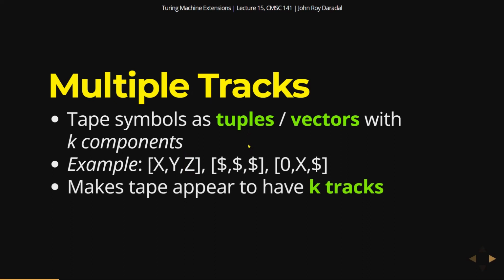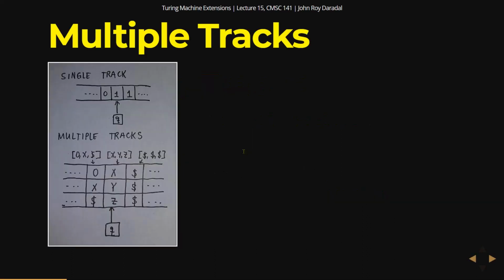So it makes the tape appear to have k tracks. Like here, if you write 0, X, and then blank, then it appears like this: 0 is in the first track, X is in the second track, the blank is in the third track. And for X, Y, Z, X is on the first, Y on the second, Z on the third, and so on. So you could make it appear as if you have multiple tracks in your single tape.